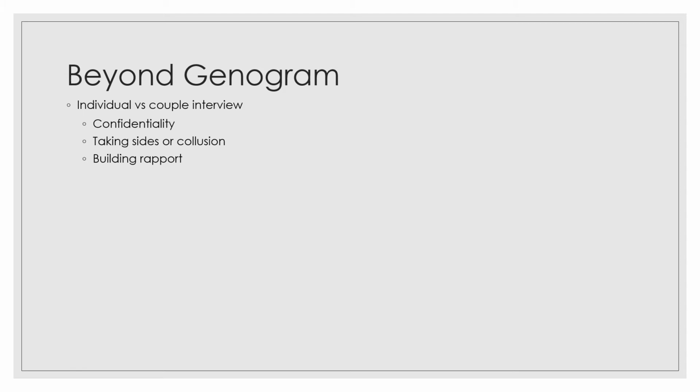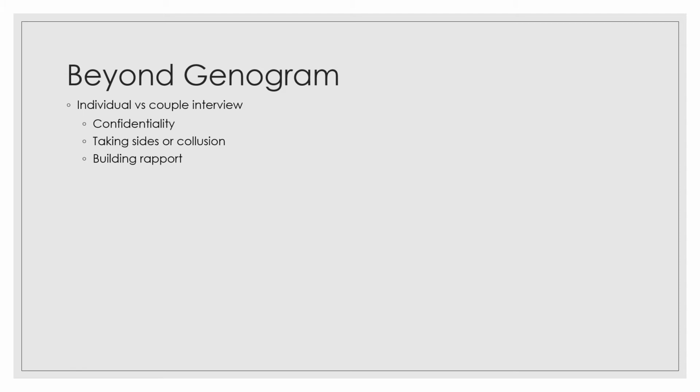When you're working with the couple together, of course, confidentiality is already discussed, that everything within the therapeutic relationship stays there. But when you pull them apart and you're interviewing individually, it's important that each spouse knows that what's happening is not going to be shared with the other spouse.